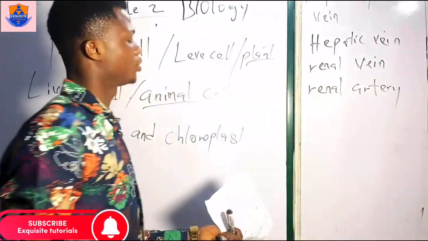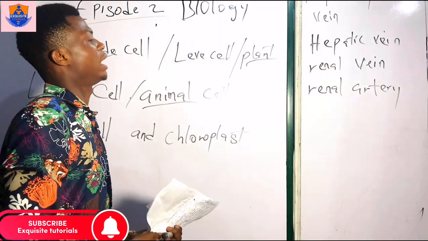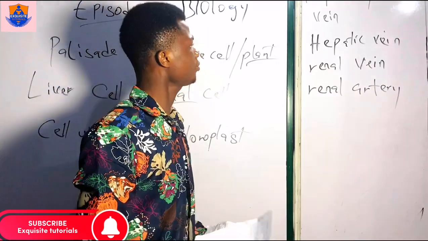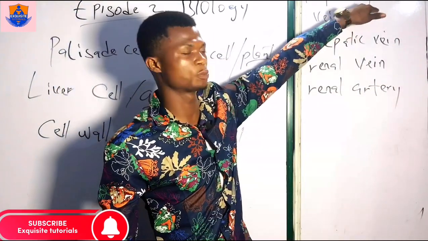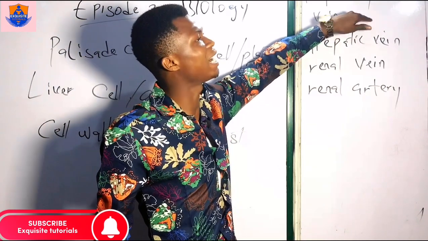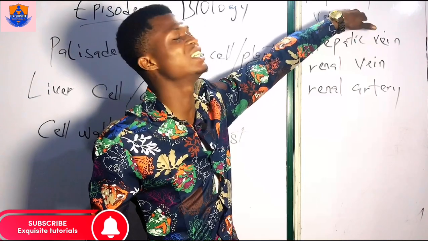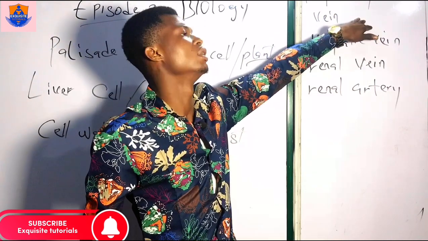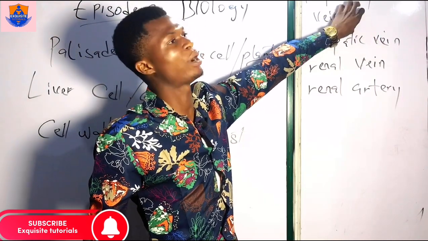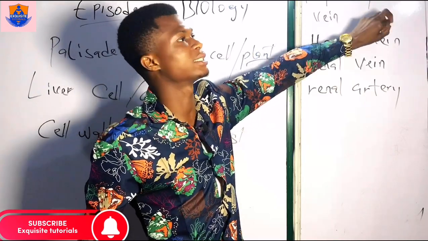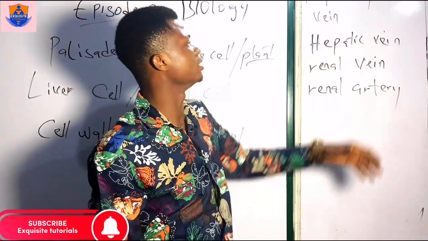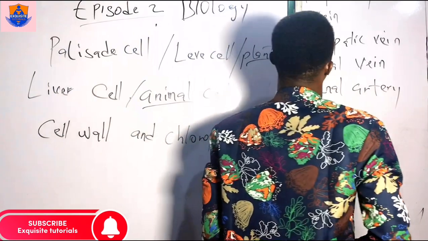Now let's talk about the question that they ask us. The hepatic portal vein is the vein that is responsible for carrying nutrient-fed blood from the other parts of the stomach, like the intestine, the spleen, the pancreas, to the liver.